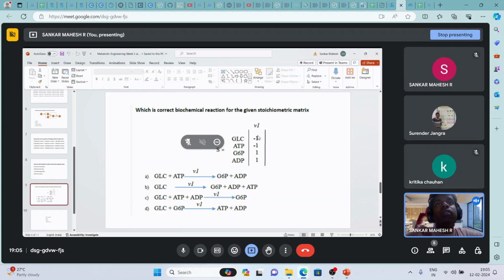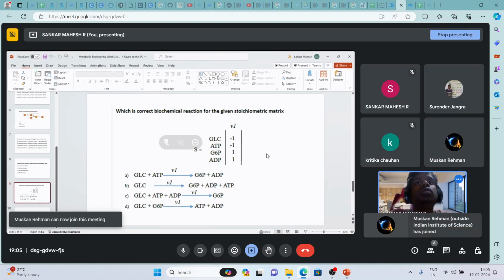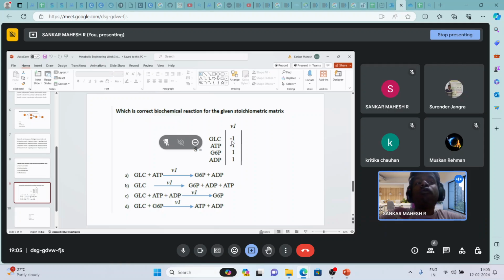The value here, 1, depends on the stoichiometry within the reaction. Let's say there is 1 glucose and 2 ATP, then it will not be minus 1 and minus 1, rather it will be minus 1 and minus 2. That is how we decide what the values are and what the sign is.